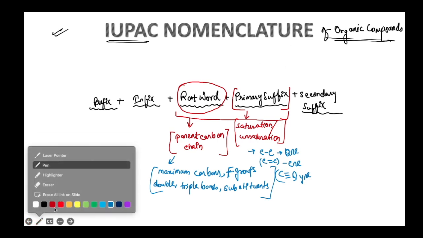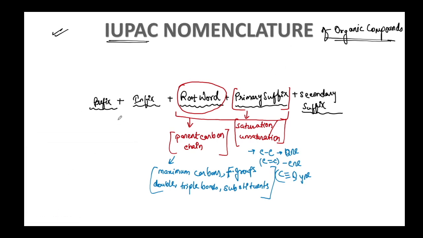Then comes the infix and the prefix. Are they necessary? Infix is not compulsory. It is only seen when you have some cyclo compound, or some bicyclo, tricyclo, or spiro compound. So this nomenclature, cyclo, spiro, bicyclo, that is infix, and that is not seen for all the molecules.